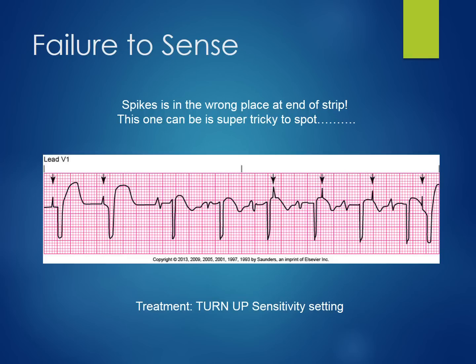Therefore, I should probably turn up the sensitivity setting on the pacemaker. So it's failing to sense the patient's rhythm and pacing at the wrong places. You should always see pacer spike, wide QRS, or pacer spike, P wave. Or you may even see dual chamber, pacer spike, P wave, pacer spike, wide QRS. But if I have a QRS and then a random spike in the middle of the QRS, that's failure to sense.